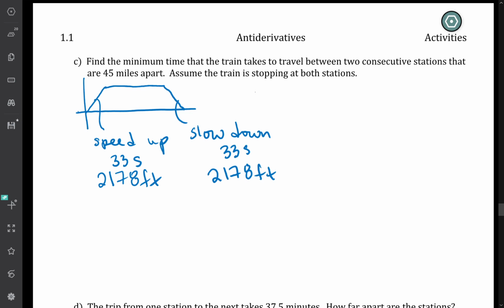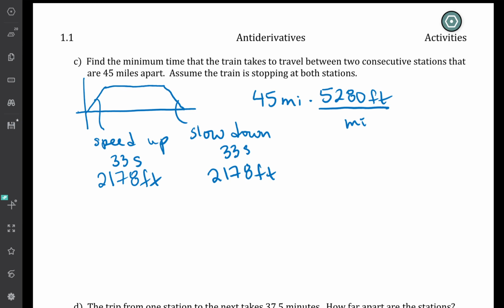So if we take our 45 miles, we multiply by 5,280 feet. We get 237,600 feet that we need to travel total.